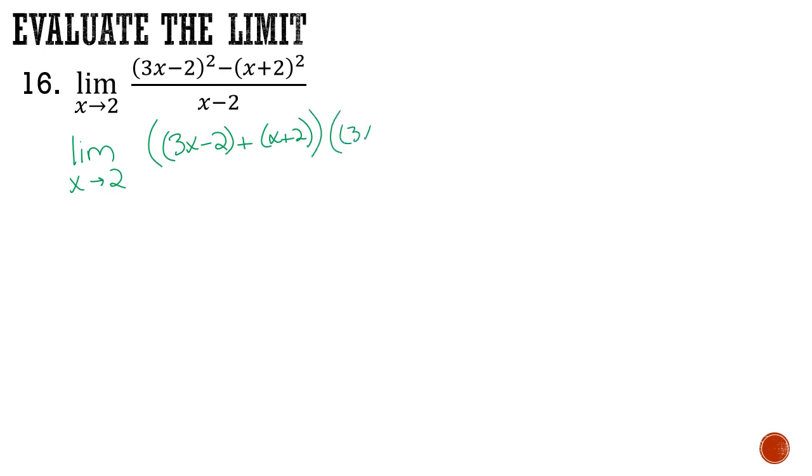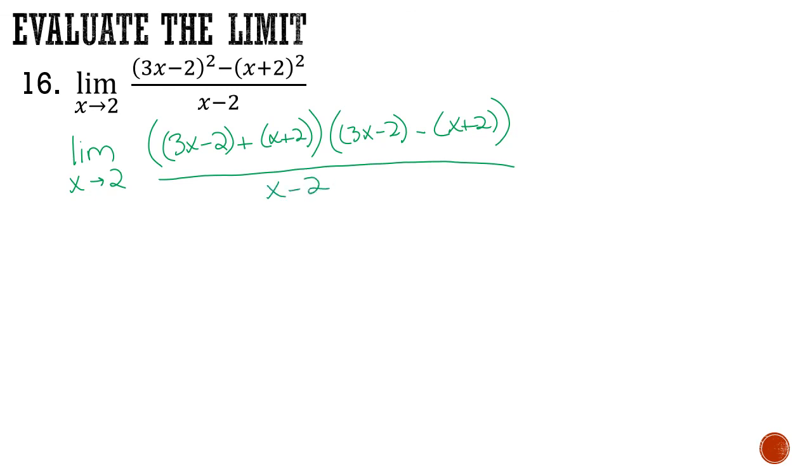And 3x minus 2 minus x plus 2. So the format for difference of squares is a squared minus b squared. And it factors to be a plus b, a minus b, which is exactly what happened here, all over x minus 2.